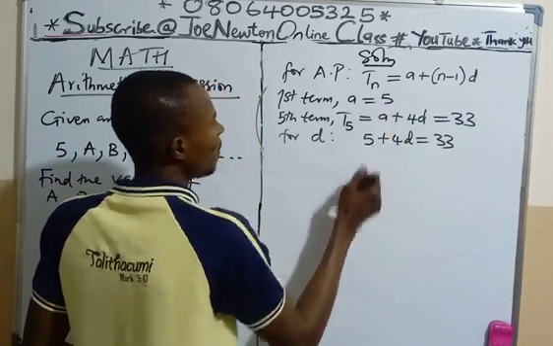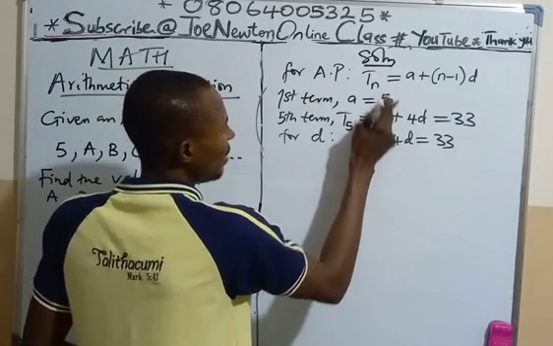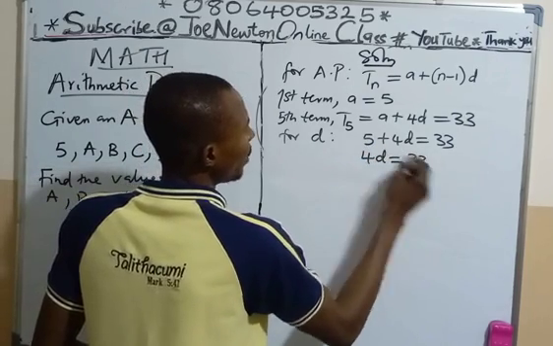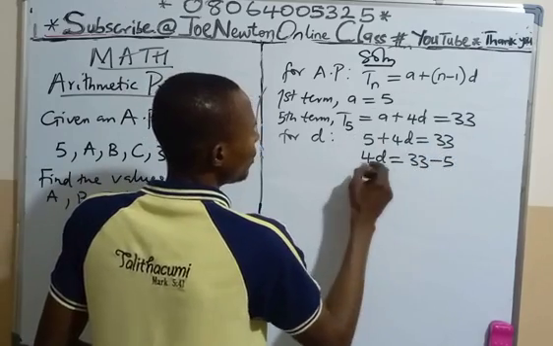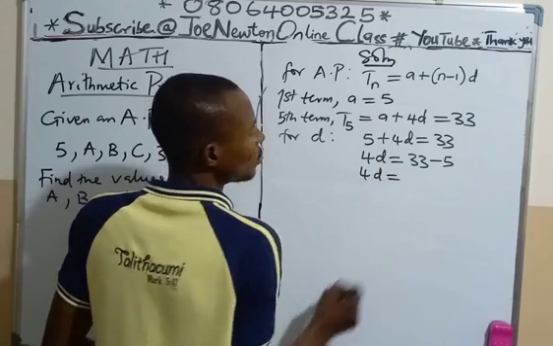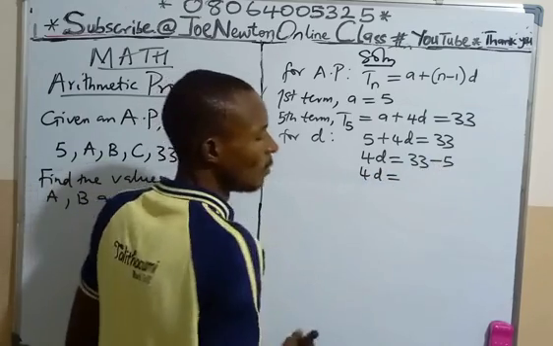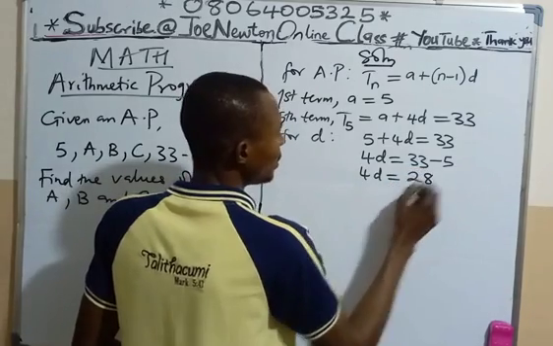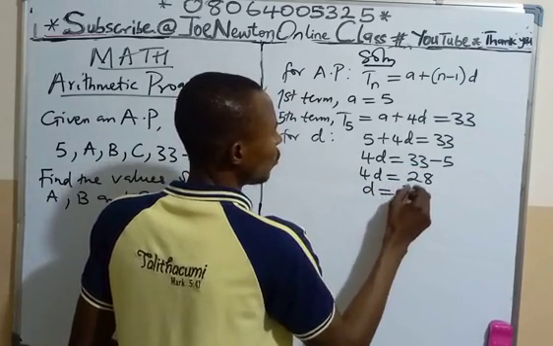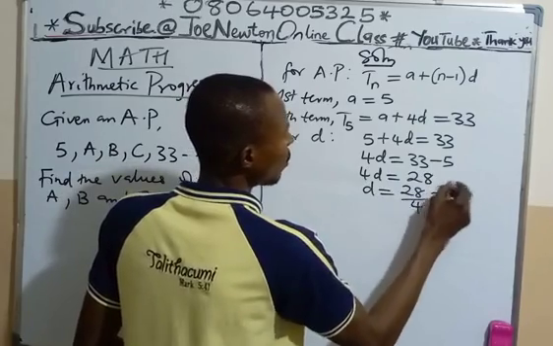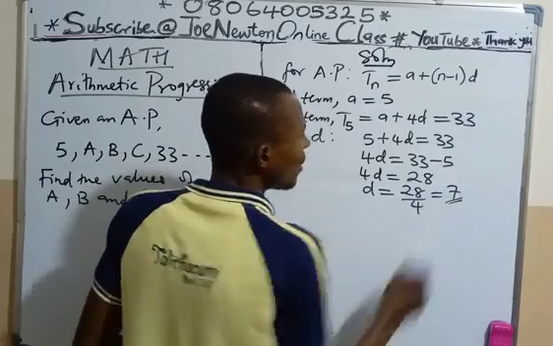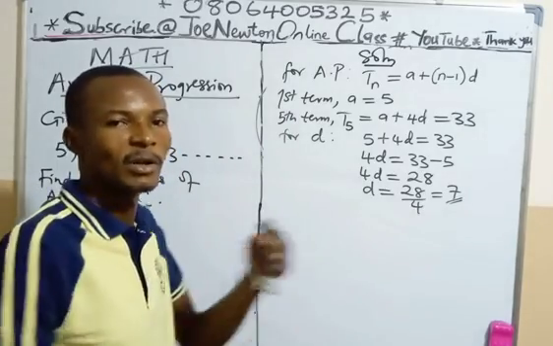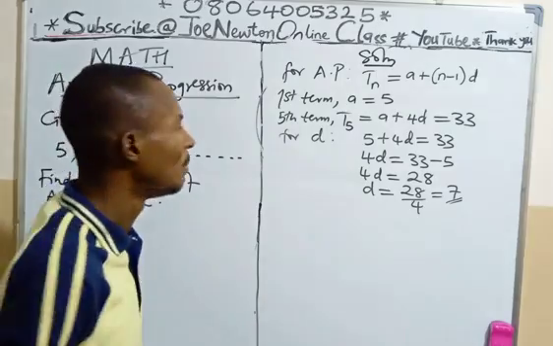Our 5 is our A. We now have that 4D is equal to 33 minus 5, which gives us 28. Then D is equal to 28 over 4, which is equal to 7. So 7 is our common difference of the successive terms of the AP.